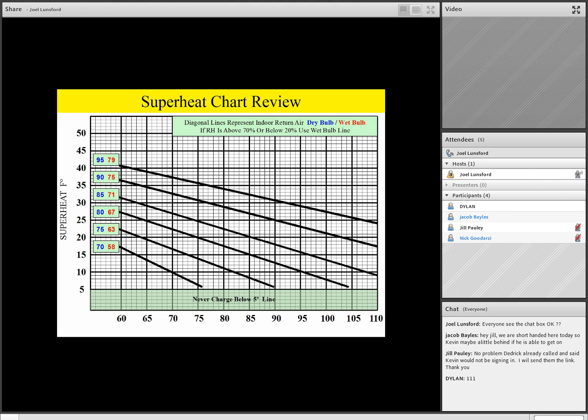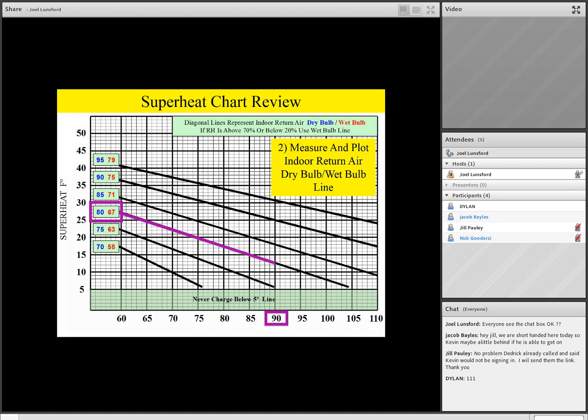So, real quick review. Let's do an example together. Let's say it's 90 degrees outside. Step number 1, we find the outdoor temperature at the bottom of the chart, and we see, highlighted with the purple box, we have 90 degrees. That's step number 1. We then find the corresponding diagonal line that represents the indoor return air temperature, wet bulb and dry bulb.